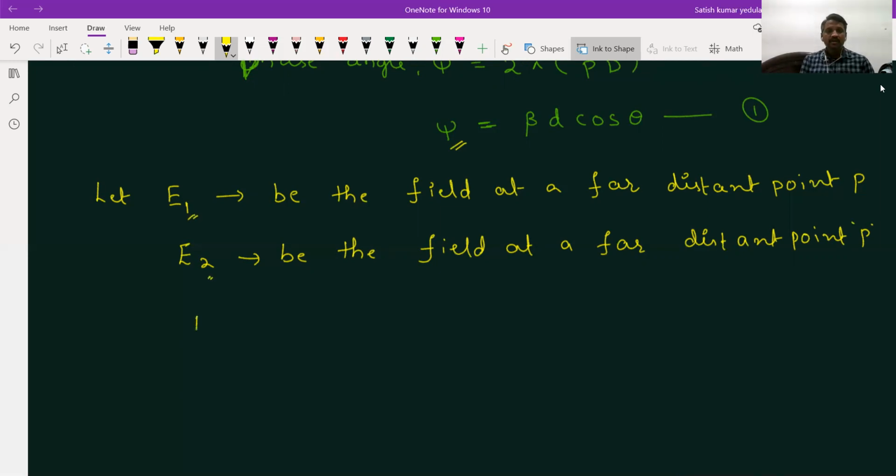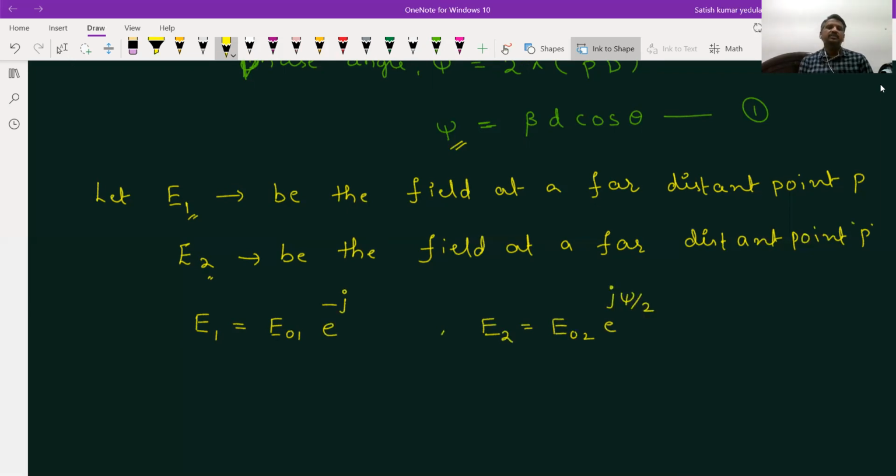We have already written the expression for E1 and E2 as E naught, which is equal amplitude. Let us call it E naught 1 into E power minus j psi by 2, as in the previous case. And E2 is E naught 2 into E power plus j psi by 2.